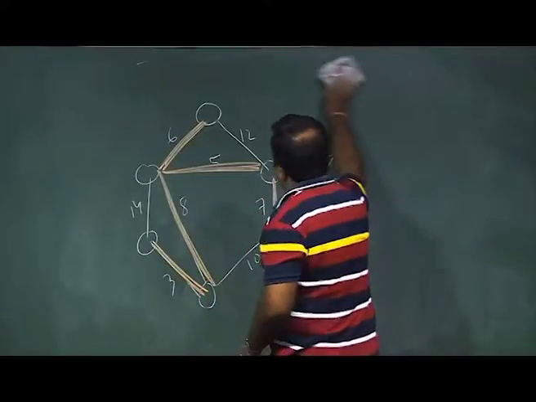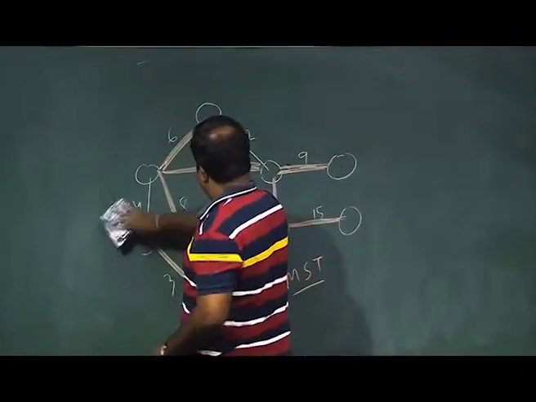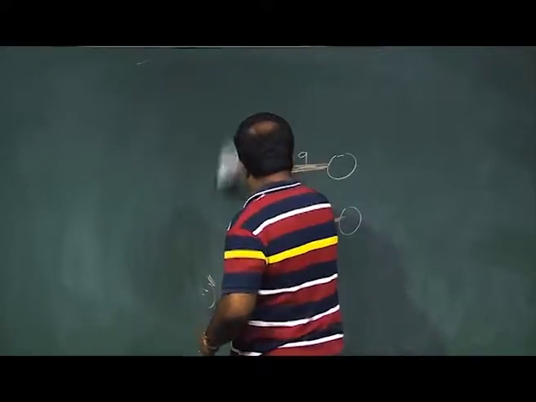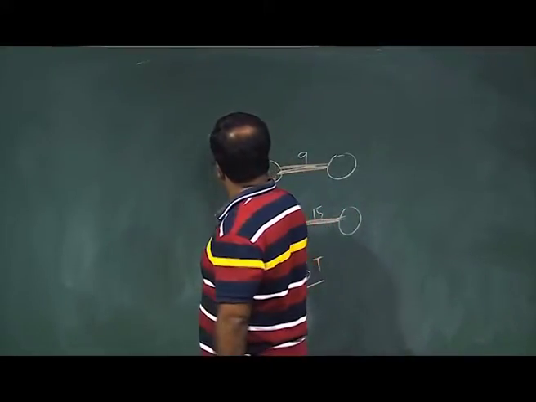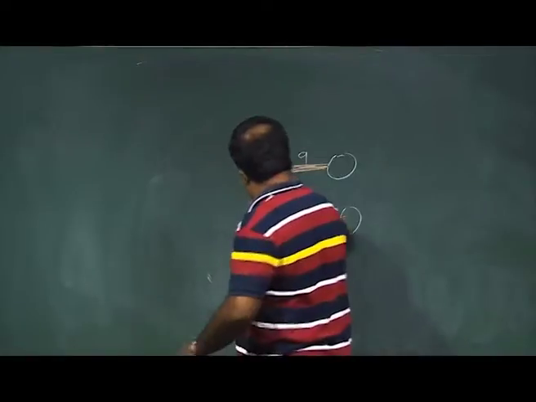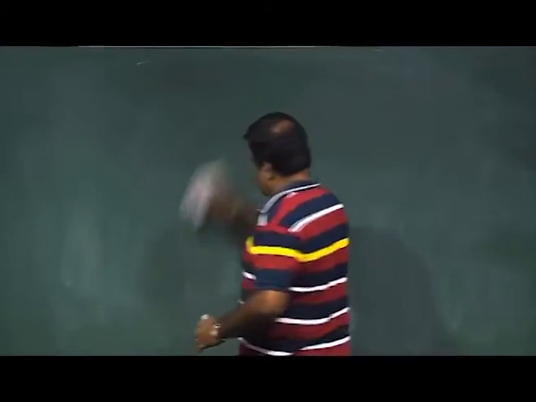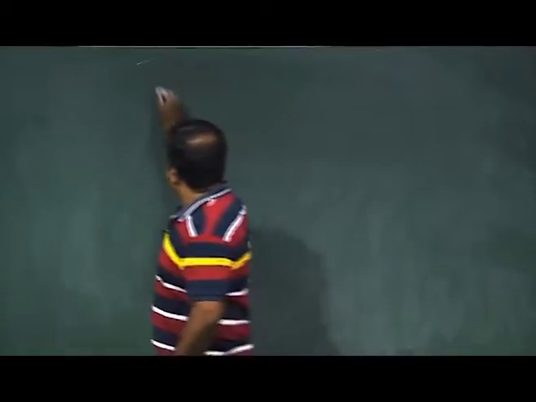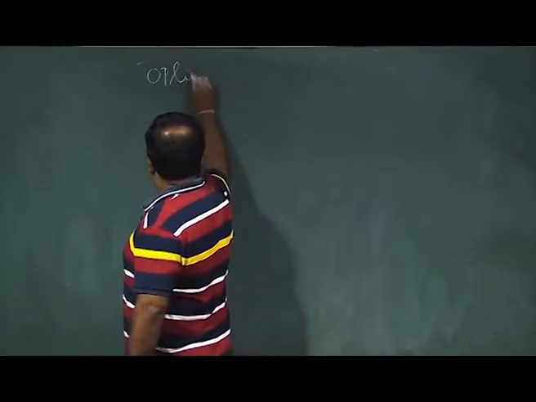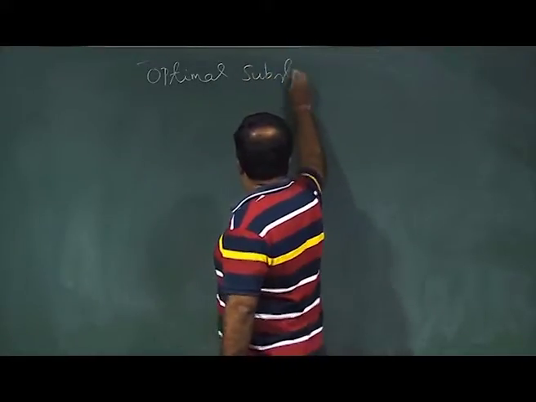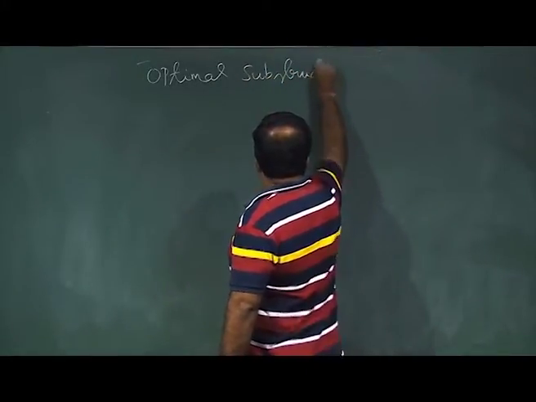One is the optimal substructure. If we need it, we will come back to this graph. So, whether we have this hallmark, optimal substructure.